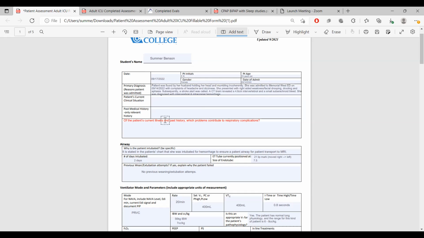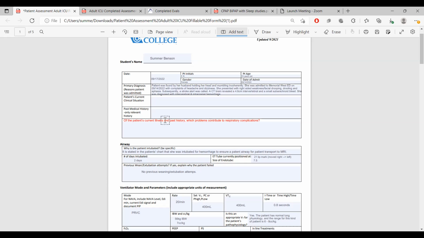So I'm wondering, maybe I should just say the patient had an intracranial hemorrhage. That was the diagnosis. And then the current clinical situation, sometimes nothing different occurs, like they're intubated on the ventilator.